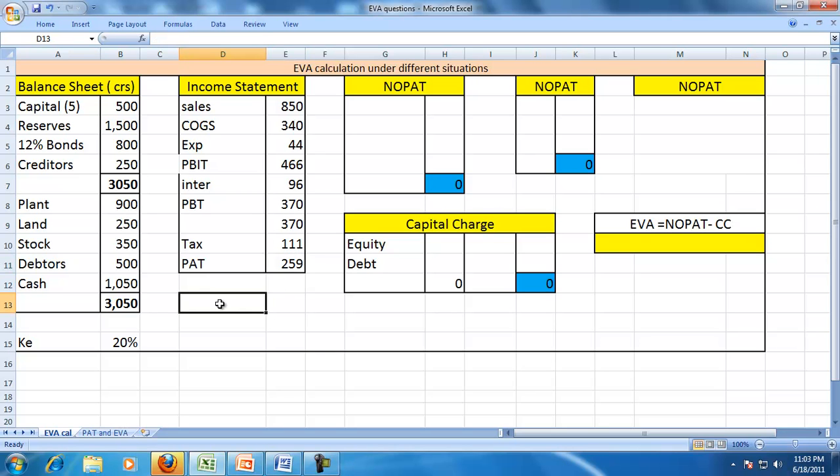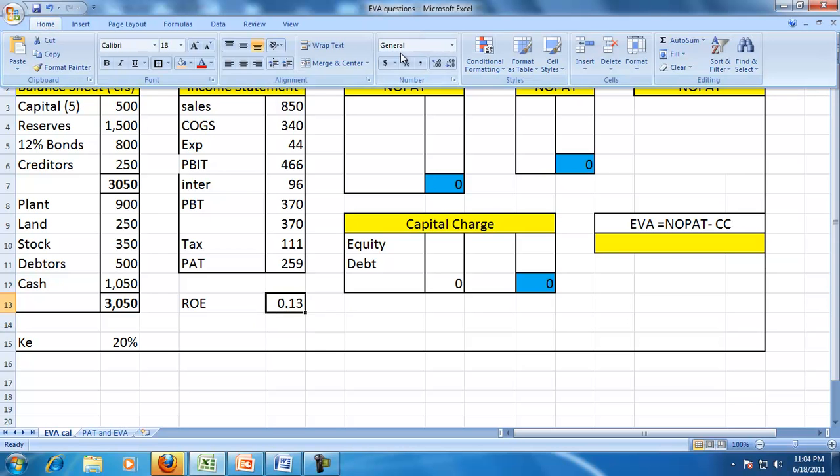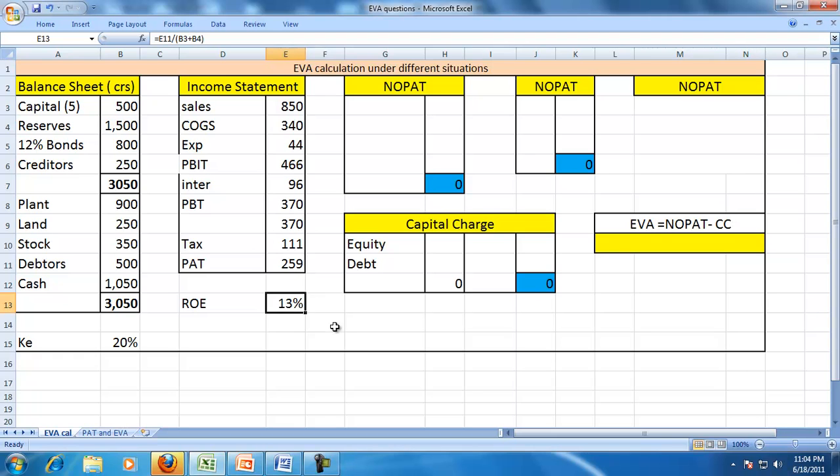So the company has a return on equity of 259 crores divided by equity. Equity is 500 plus 1500. So the company has a return on investment, in the form of return on equity, of 13%.